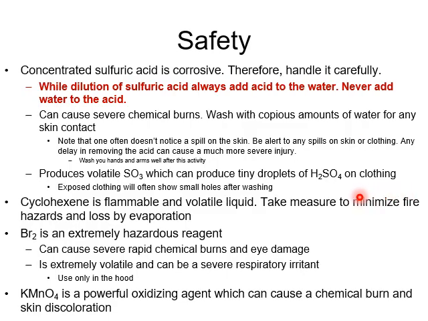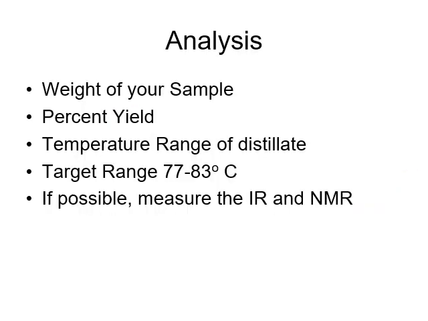About the safety, as I already mentioned, the most important thing is that you are using highly concentrated sulfuric acid, and you need to take care about it. In addition, most of the reagents you are using are volatile, so you need to do all steps of the experiment under the hood.